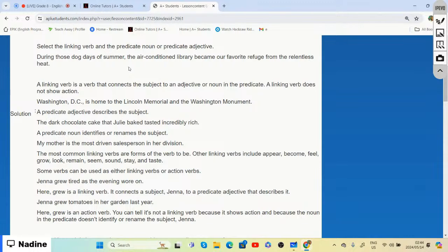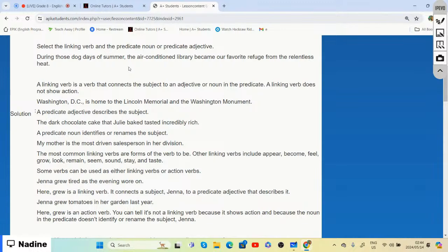And the most common linking verbs, right, are forms of the verb to be. And other linking verbs include appear, become, feel, grow, look, remain, seem, sound, stay, and taste, right?